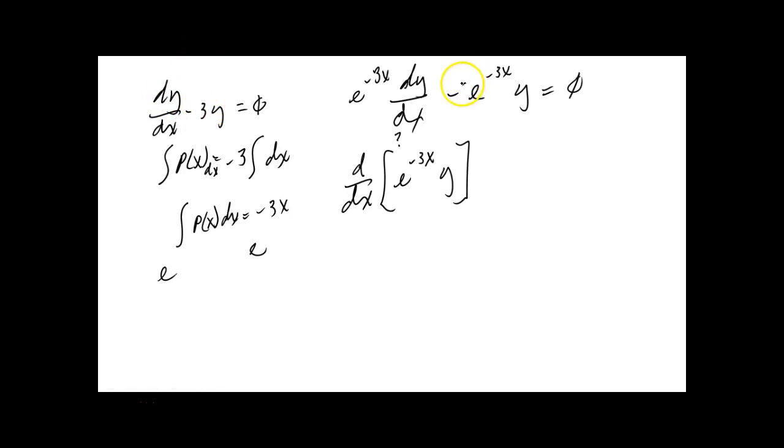I left off my 3. That's what was throwing me. Because it's minus 3y, I was multiplying this thing by everything here, and I left off the minus 3. This thing times that is that, and I just put this times y. I forgot the minus 3. So when I multiply this times that, I get minus 3 e to the minus 3x. Because when I looked at this, I said no, that's not a perfect derivative.